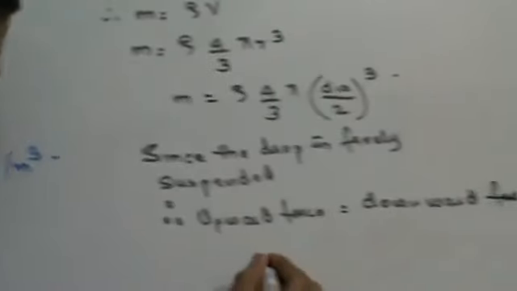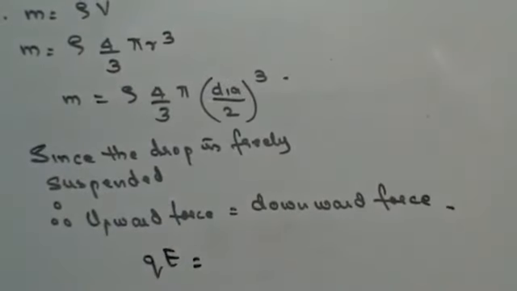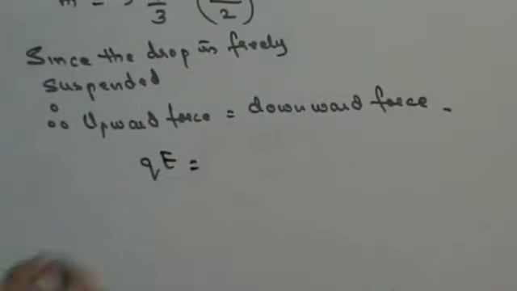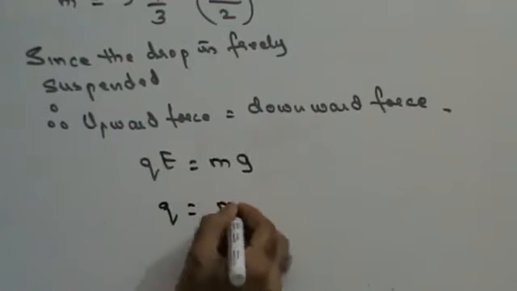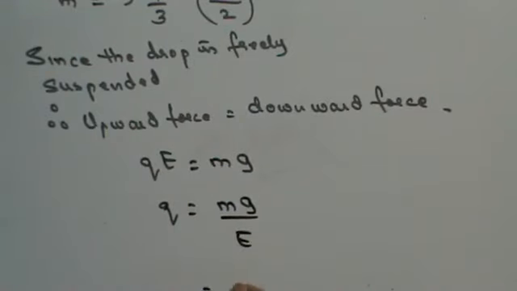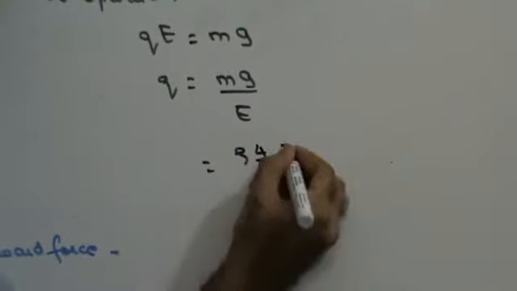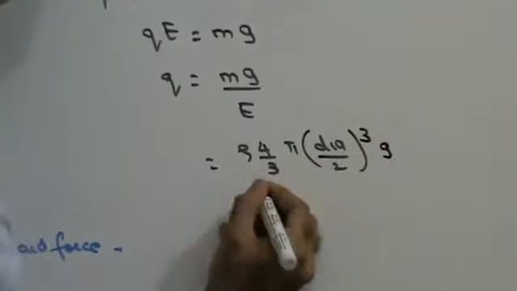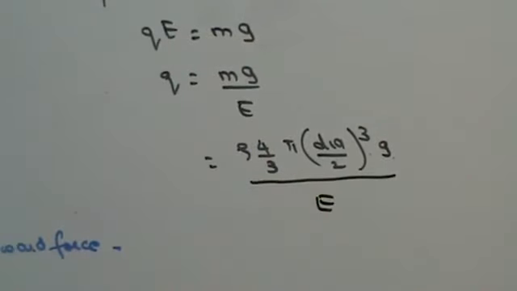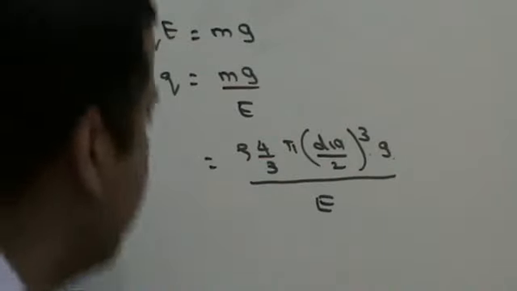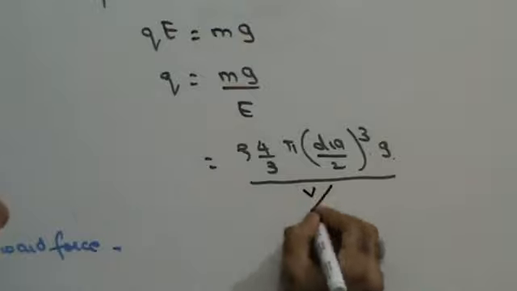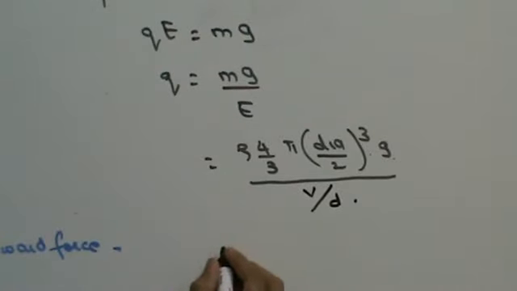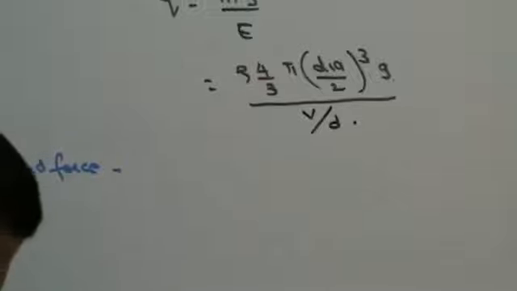Upward force is provided by the charge and the strength of the electric field. Downward force is mg. They have asked you to find the charge. Charge is mg upon E, but m is rho 4 by 3 pi diameter upon 2 the whole cube into g, upon strength of the electric field. Strength of the electric field is not given to you, which is nothing but V upon d. So substitute your values, you should get this answer.